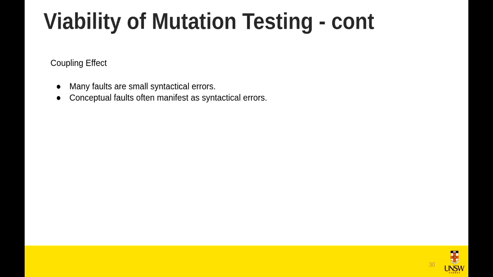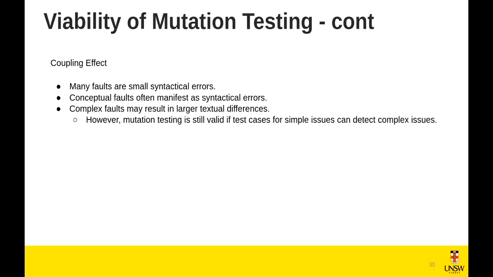Those are logical faults, but they look like small syntactic faults. And if we want to build larger faults, we can accumulate these small syntactical faults, and we may end up with more complex and larger faults.